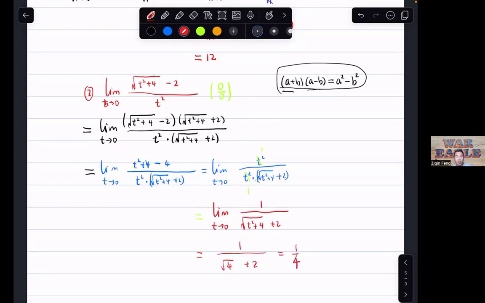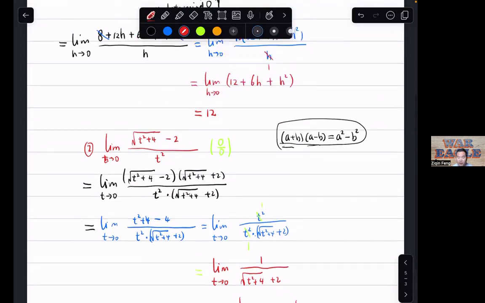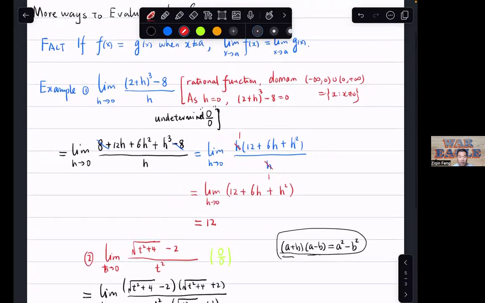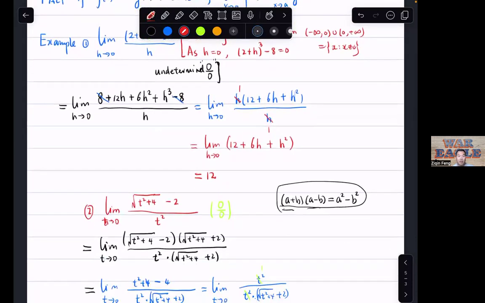So this is how we use our second way to evaluate the limit. The way here is basically to try to cancel the 0 factor in the denominator, either by trying to factor the numerator, or by trying to multiply the numerator by its conjugate.